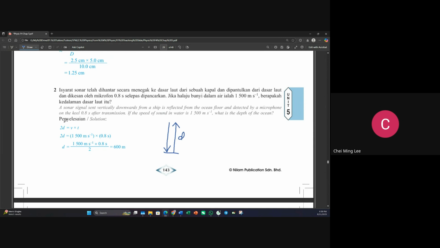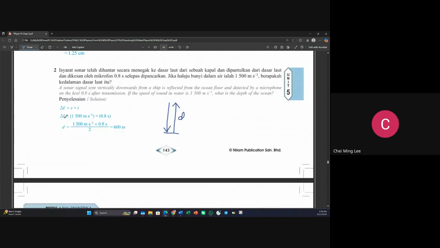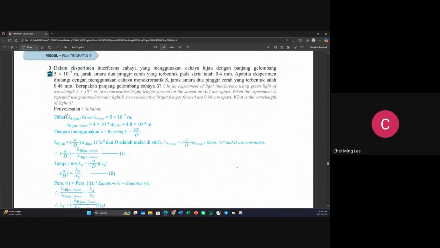Done? So in an experiment of light interference using green light of wavelength 5 times 10 to the power of -7 meter, 2 consecutive bright fringes formed on the screen are 0.4 mm apart. When the experiment is repeated using monochromatic light S, 2 consecutive bright fringes formed are 0.48 apart.